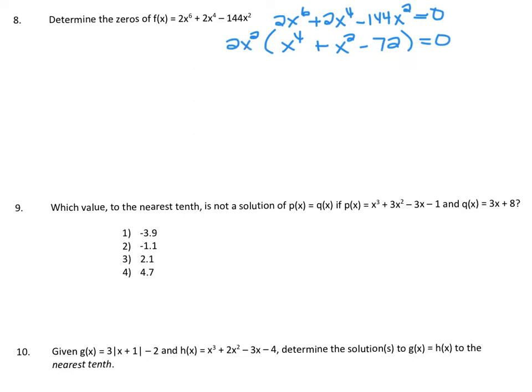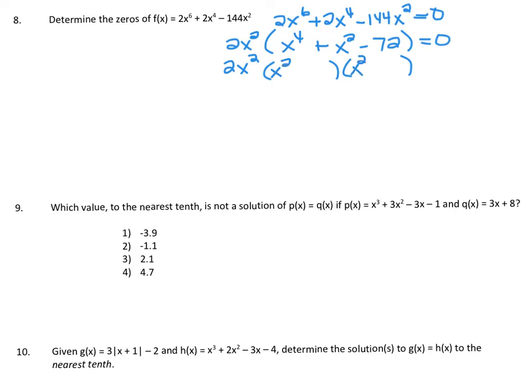All right, so let's keep factoring. So I'm going to bring down the 2x squared. And then since there's a 1 in front of my first term, I'm just going to set up 2 sets of parentheses. And since this is an x to the 4th, I'm going to put an x squared in the first spot in each parenthesis, because x squared times x squared gives you x to the 4th.